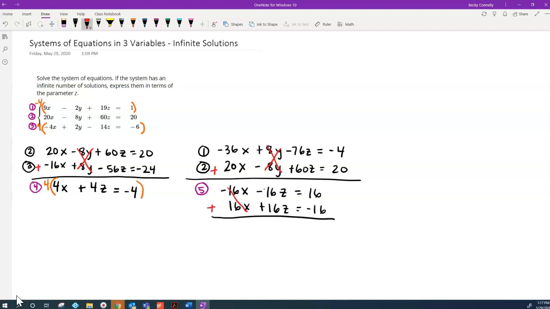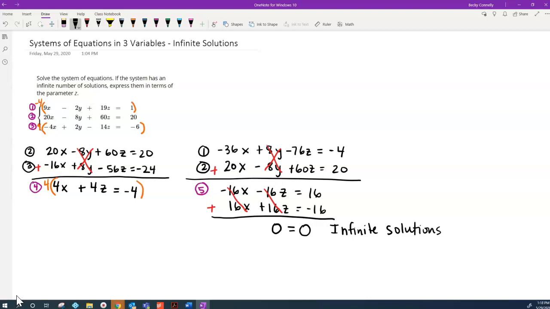We see that both of these variables eliminate, and so we're just left with 0 on this side. There's no more variables to solve for, and I get this 0 equals 0. And that is a true statement, which is telling me that it is infinite solutions.